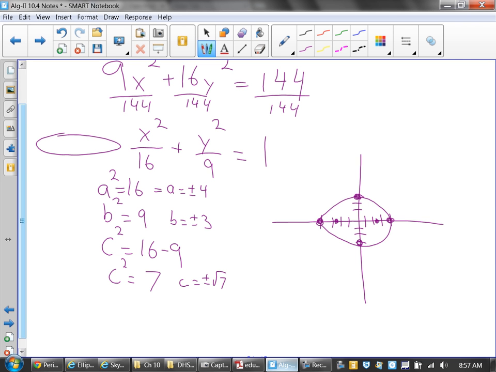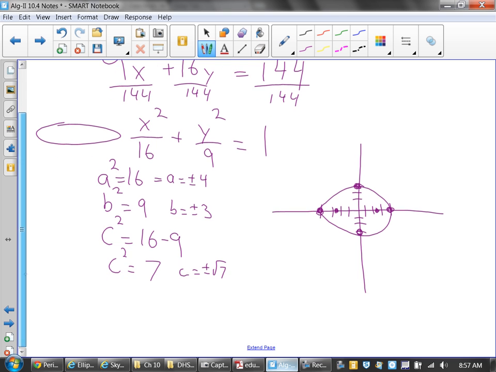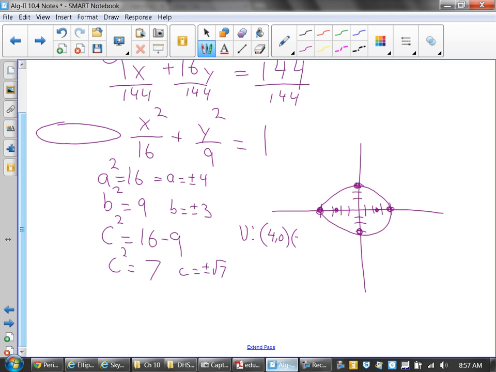So what we've been able to do then is we now know that our vertices are at (4, 0) and (negative 4, 0). The co-vertices, if I use CV for that, are at (0, 3) and (0, negative 3). And then the foci are at (root 7, 0) and (negative root 7, 0).